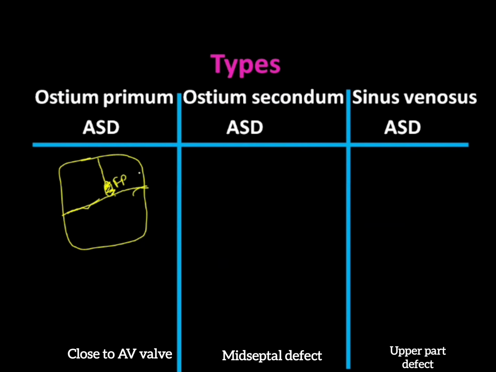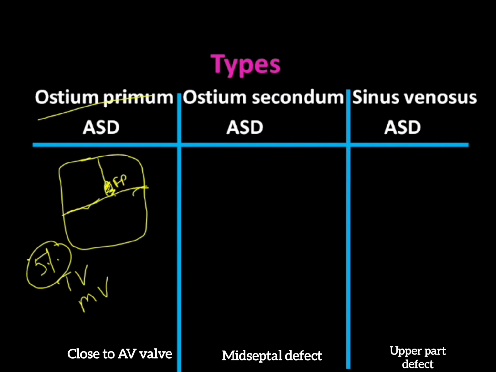Obviously it will be disturbed. That is why people with Ostium primum atrial septal defect will also have problems with their tricuspid valve and also the mitral valve. The percentage of this atrial septal defect in patients is around 5%. So we have hardly 5% of patients presenting with this type of atrial septal defect.